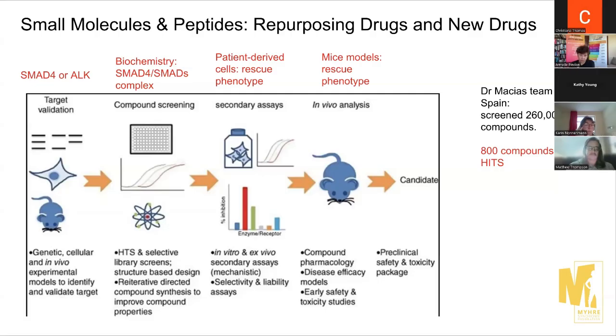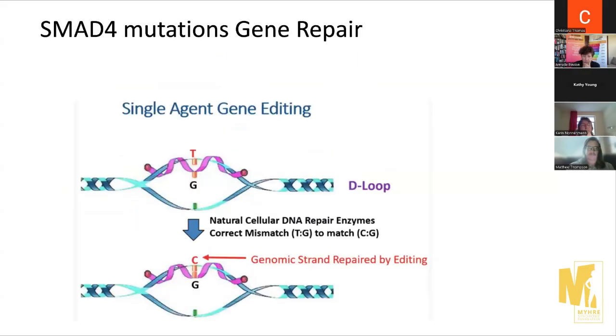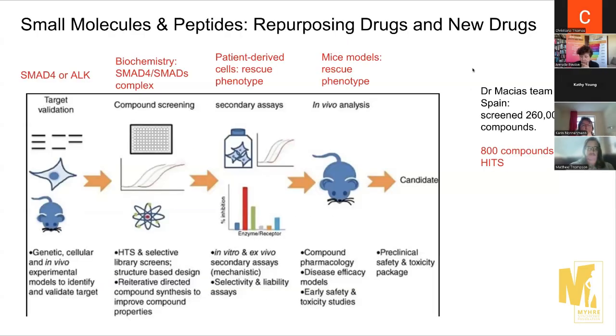But what we can do is go from this 3D vascular system that we have to the mouse model and go on like that up to enough characterization of those molecules to say that it's safe, that it's working on the mechanism, and that we can test them in human. So next, I'm going to stop sharing.